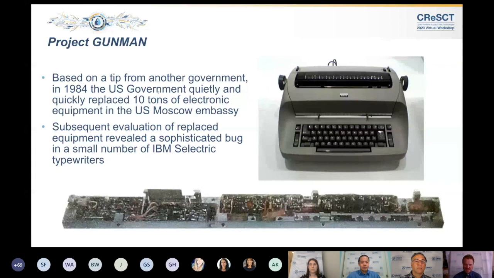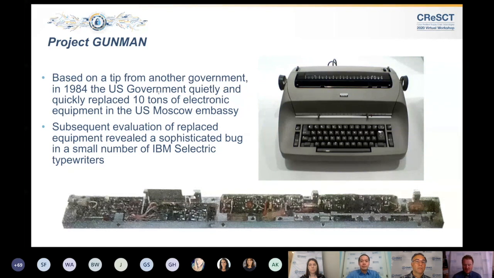government very quietly and quickly replaced 10 tons of equipment in the U.S. Moscow Embassy and brought it back to the United States for evaluation. They didn't know what sort of electronic monitoring was going on, but subsequent analyses discovered that in these typewriters, the IBM Selectric typewriter, there was the stabilizer bar, and when they subjected it to X-ray, they discovered some electronics that shouldn't have been there.